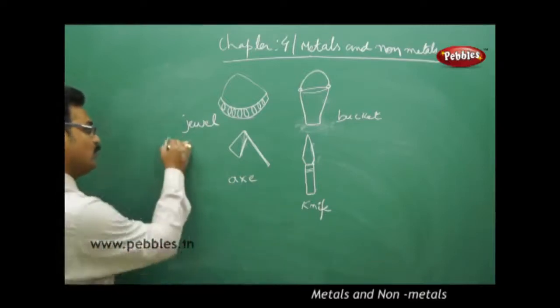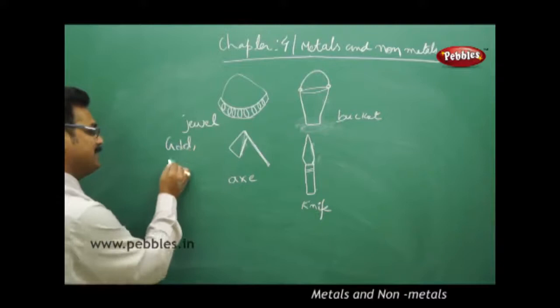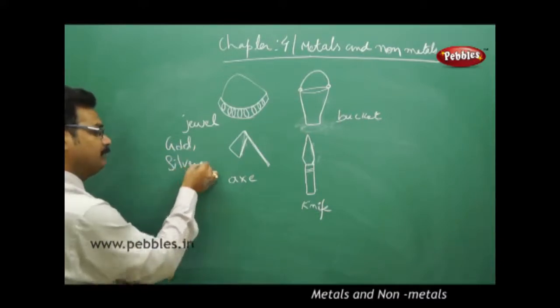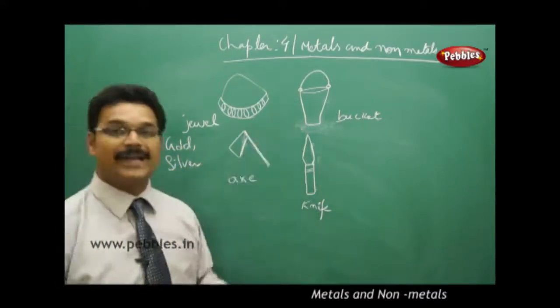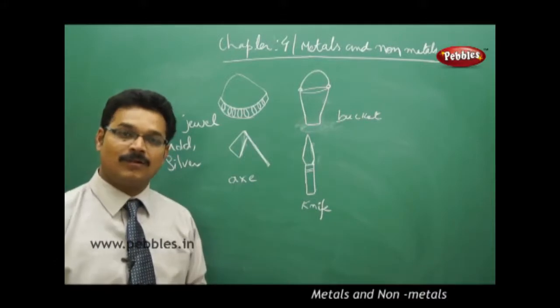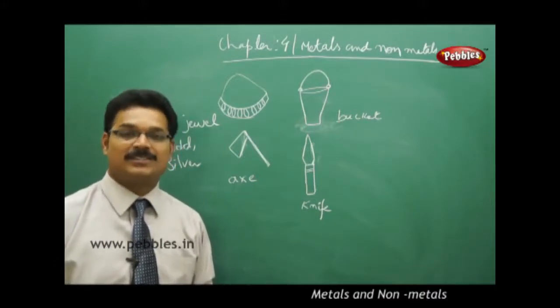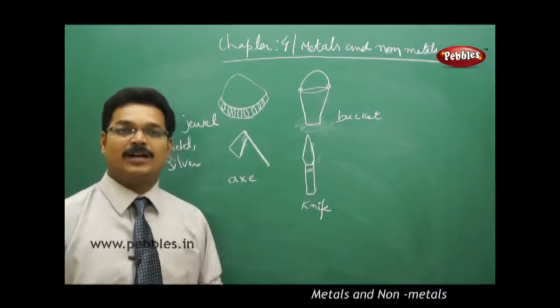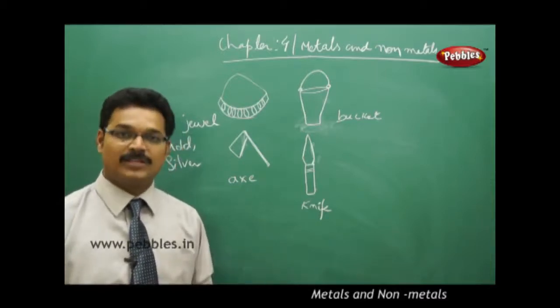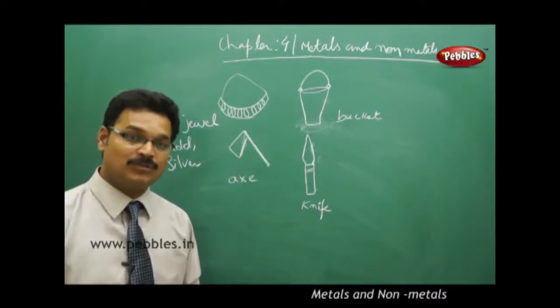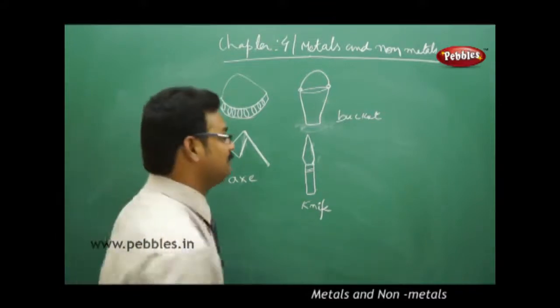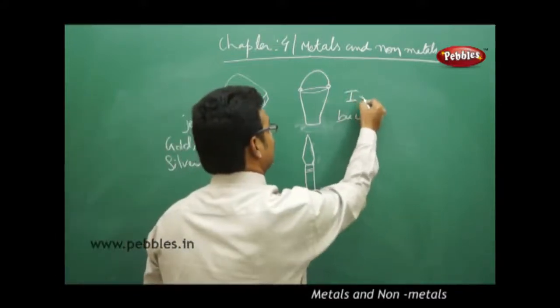Yes, either we can use gold or silver. This is a bucket. Of course, today you are seeing buckets of plastic material. But in ancient times, the olden days, people used to use metal buckets, especially iron.